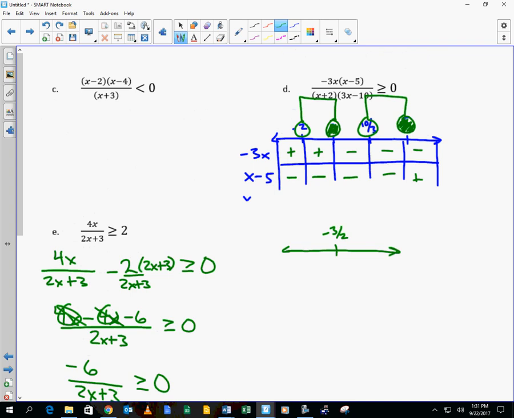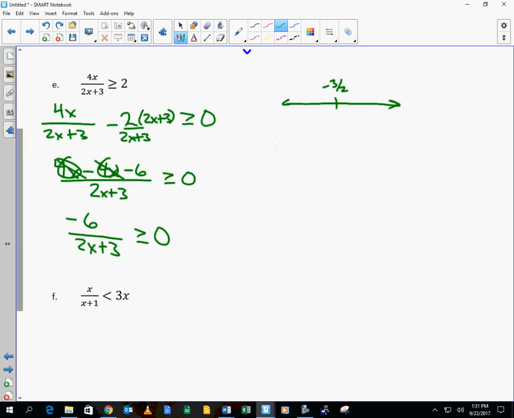So that's, we test -2 still, okay? Yet you can always have a 0 in the numerator, but, so you're absolutely right, Jessica. You may not plug in -3/2, okay, because that would give you a 0 in the denominator. But we need to consider where it is equal to 0.